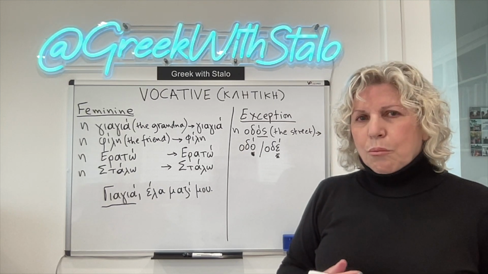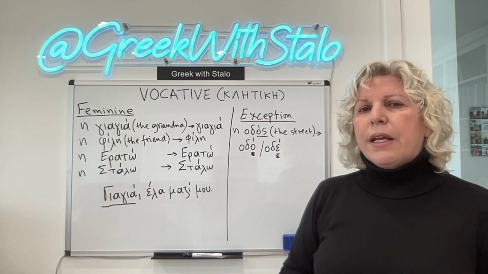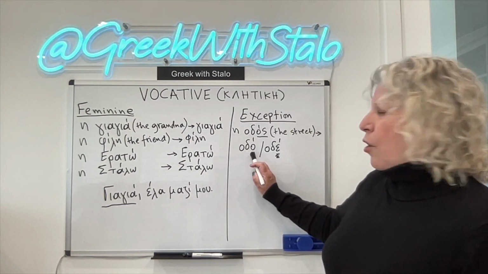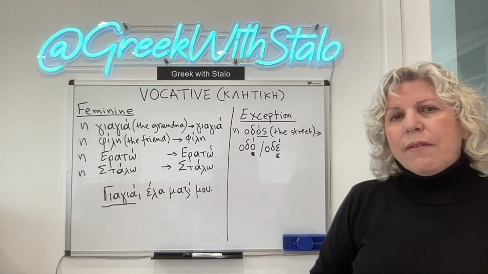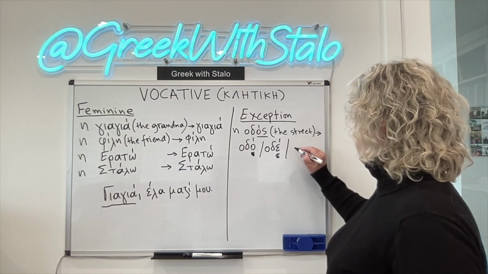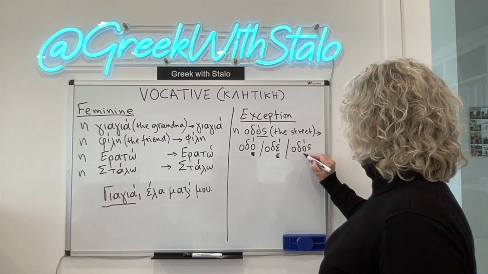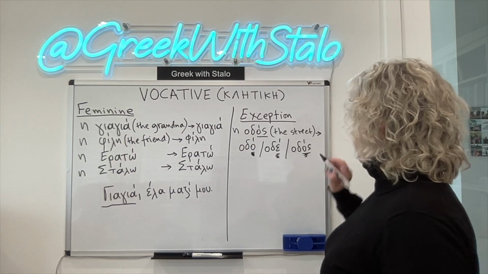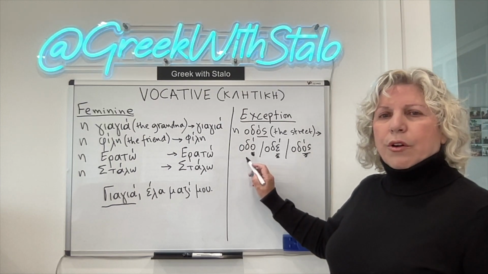But in modern Greek, the dimotiki, the casual modern Greek, the vocative we use is οδό. Sometimes you may even see the vocative in os. But I would say the most common is in o, οδό.